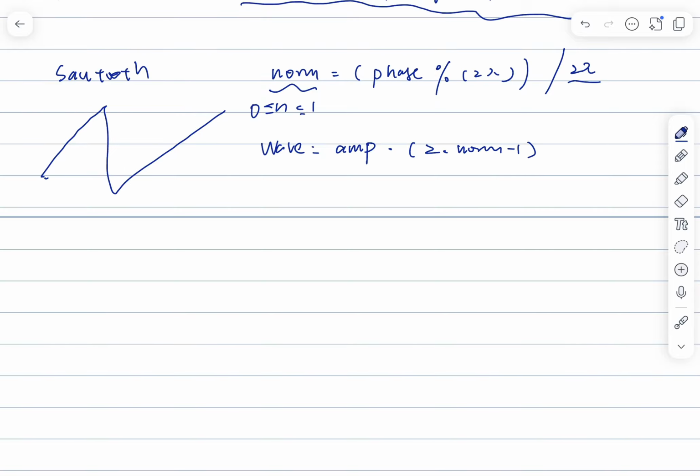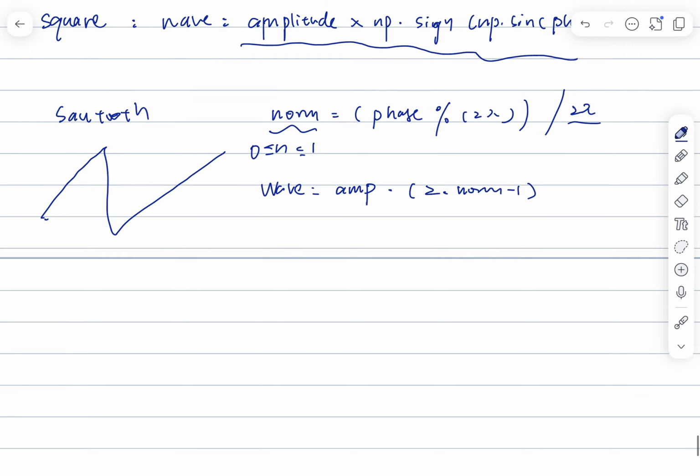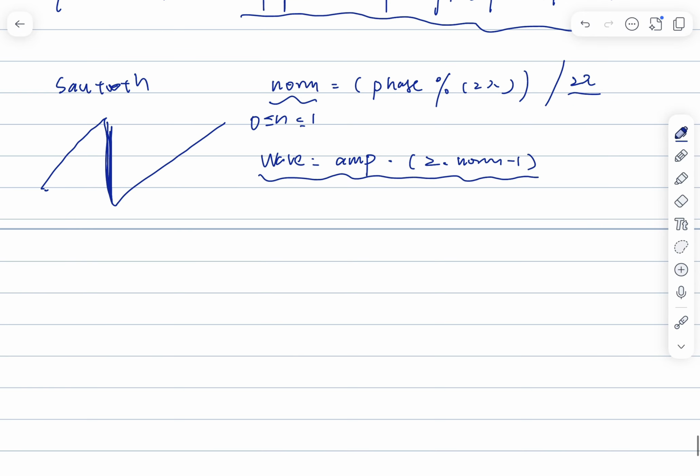When norm is at 1, you're at the highest, because the phase is at about 0, and the wave is amp times 2 times 1 minus 1, so it's at the highest, which is amp.